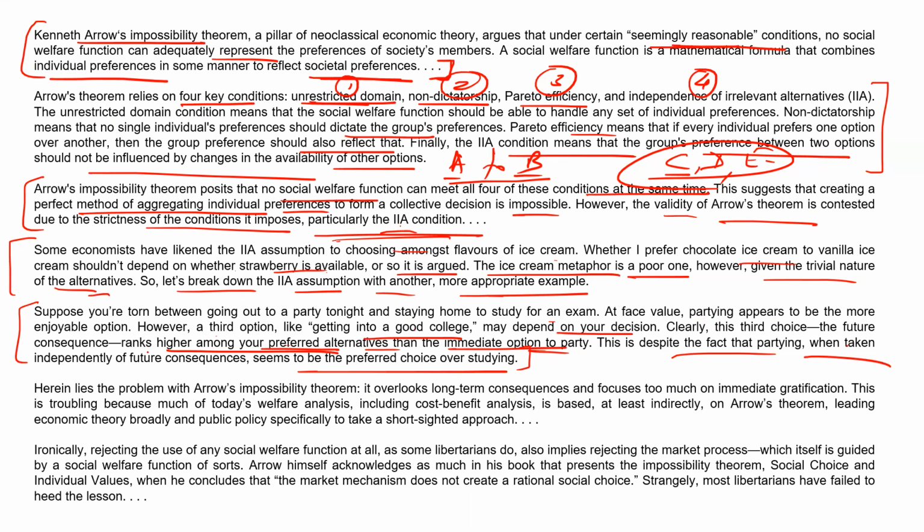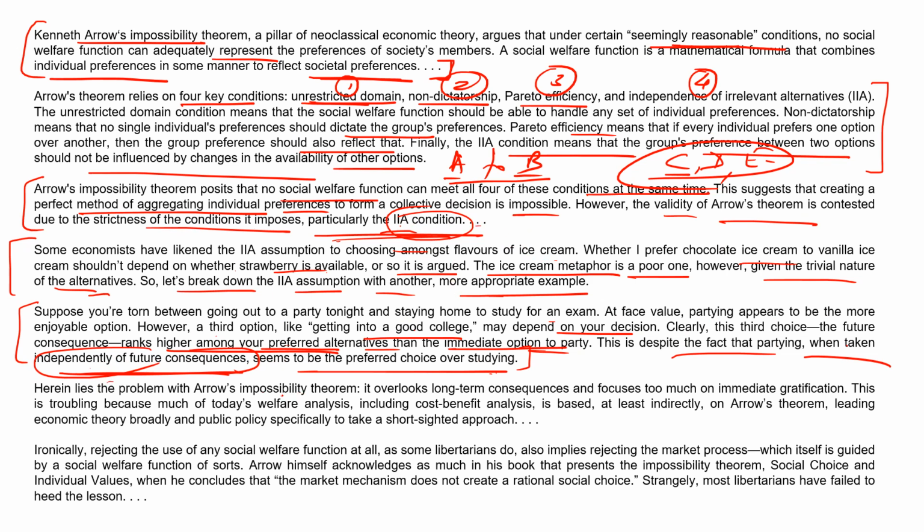So when taken independently of future consequences, then it seems to be a preferred choice. So future consequences are not being looked at in this IIA condition. That is the author's issue with the IIA condition, right? In the IIA condition, you are not looking at future consequences of those preferences.